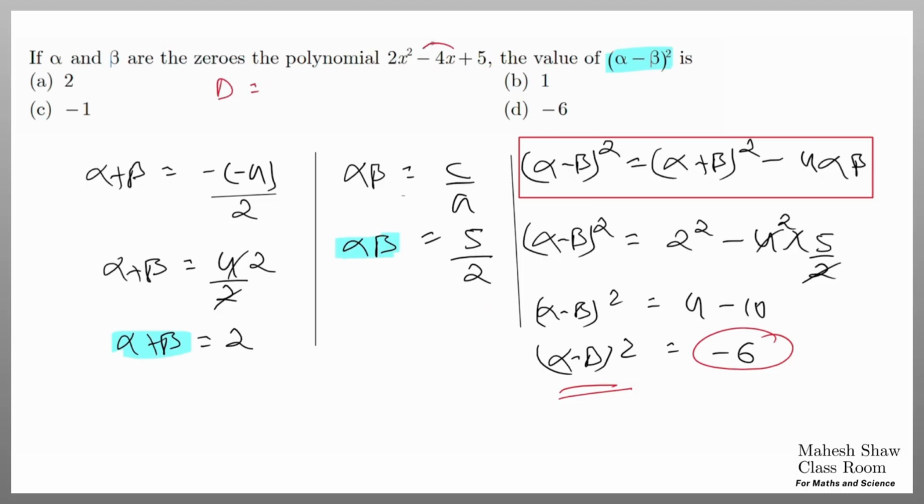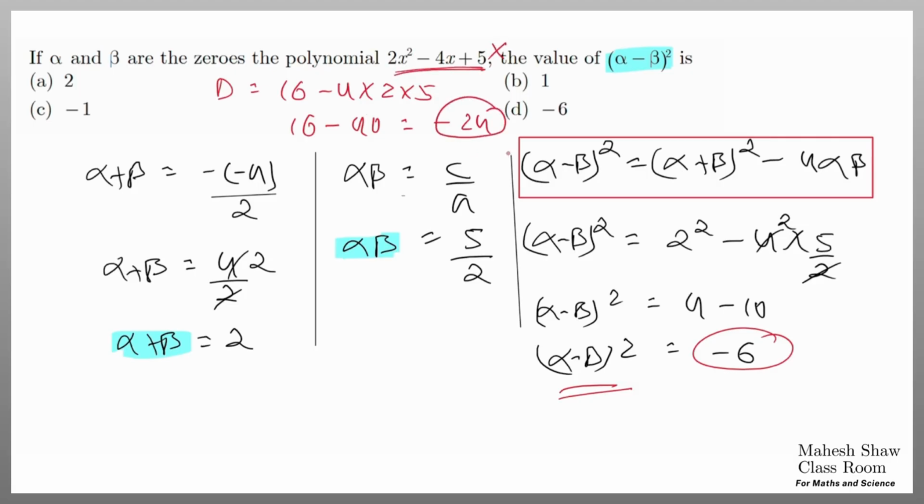D is b squared minus 4ac. B is minus 4, squared, which is 16, minus 4 times a, which is 2, and c is 5. So 16 minus 40, which is negative 24. This does not have a real root.